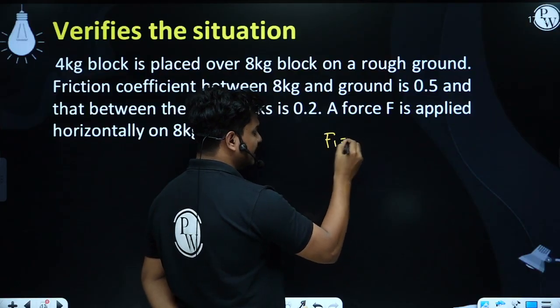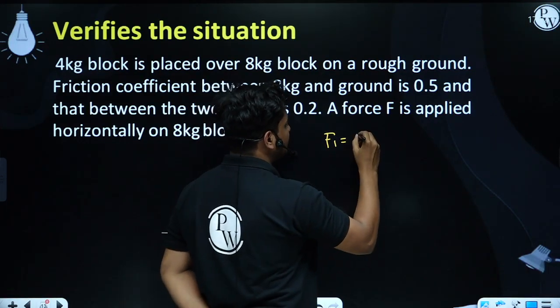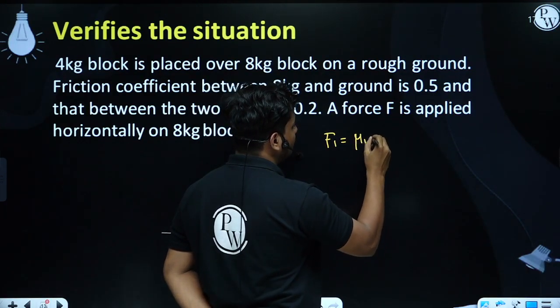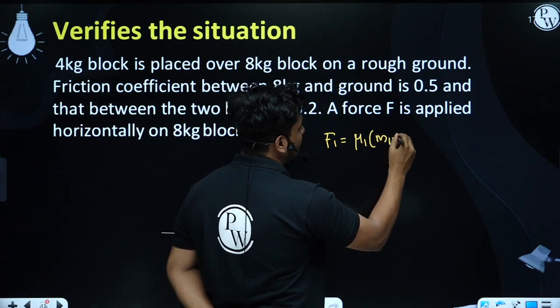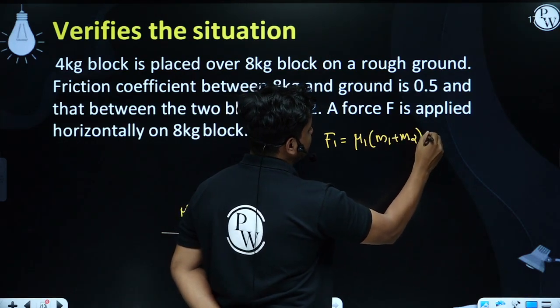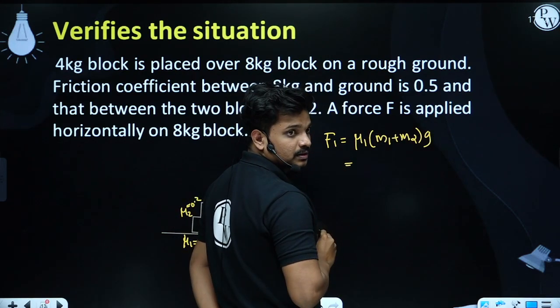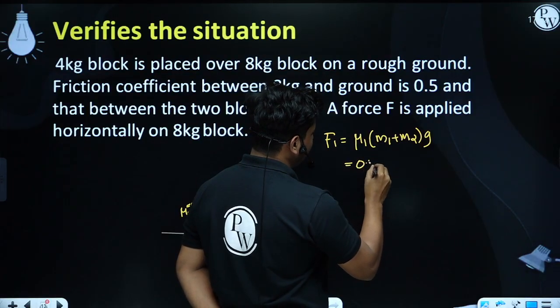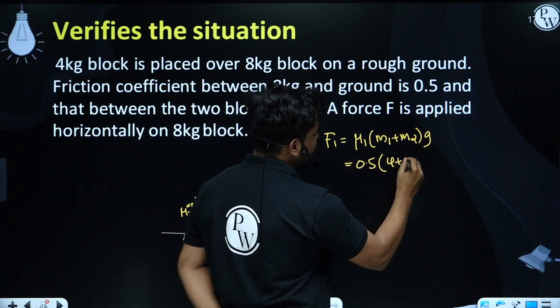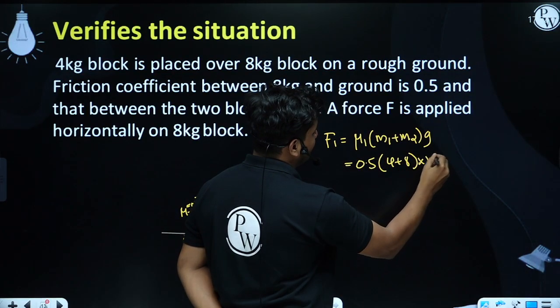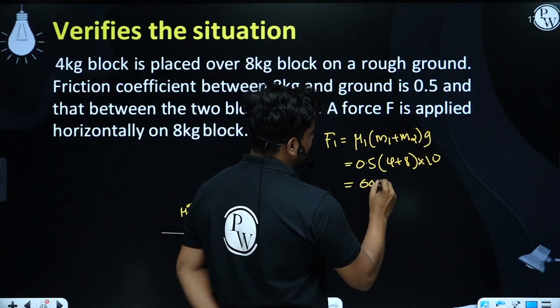F1 is simply F1L, which is mu1 into M1 plus M2 into G. So mu1 is 0.5 into 4 plus 8 into 10, so you will get 60 Newton.